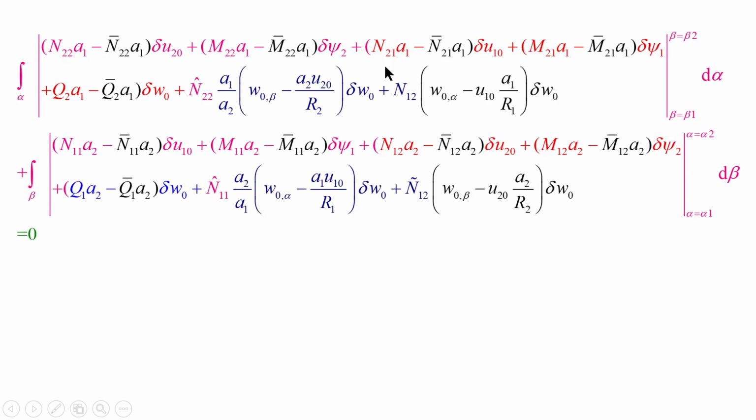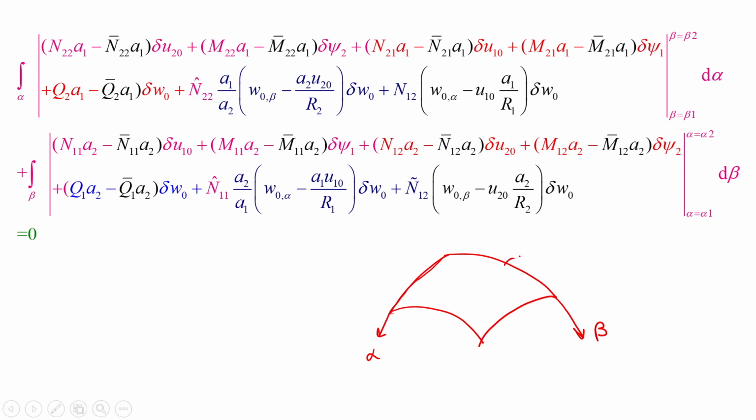So, basically the first one, the boundaries are associated where beta is constant, beta 1 to beta 2, and the second integral is related to where alpha is constant. Means if we have a patch like this and we are always saying this is our alpha, this is our beta.